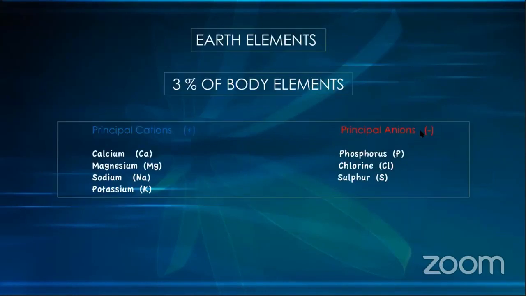But we also have to be familiar with the other elements, like the 3%: calcium, magnesium, sodium, potassium, phosphorus, chlorine, and sulfur, because we're going to start making GANs out of these. We have to understand that these are not only elements that come from the interaction of the sun and Earth, but also elements that are on the planet.